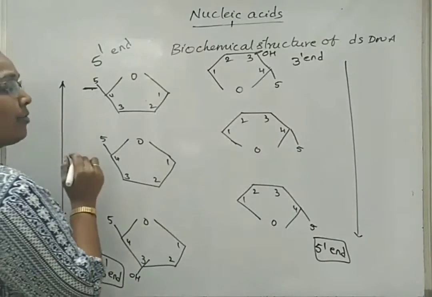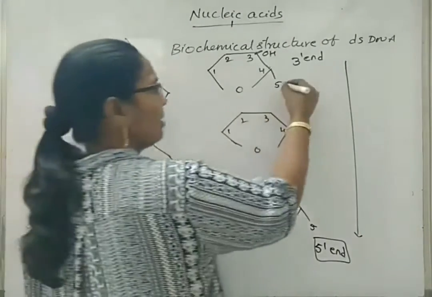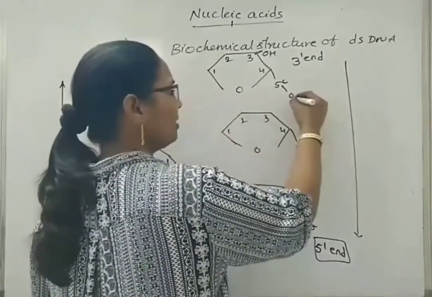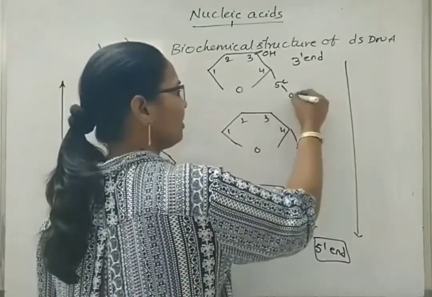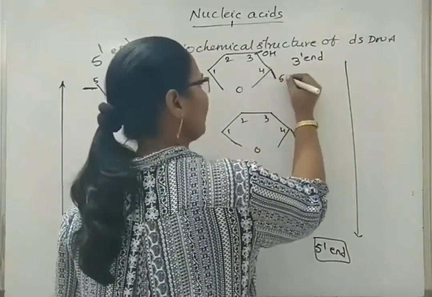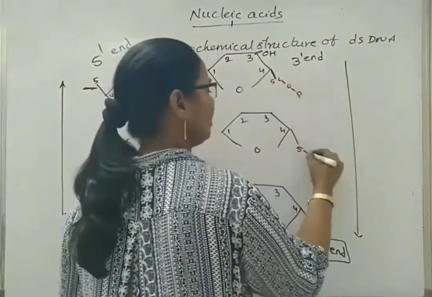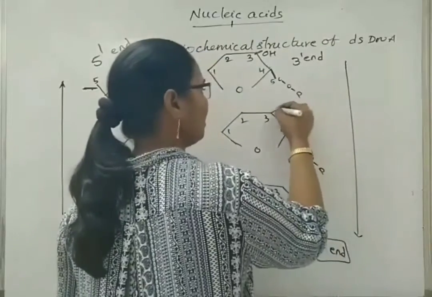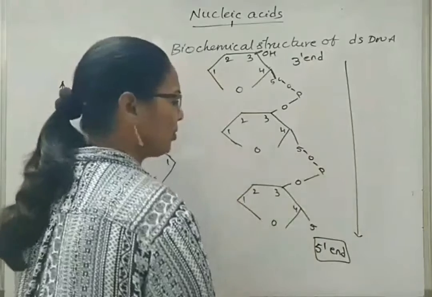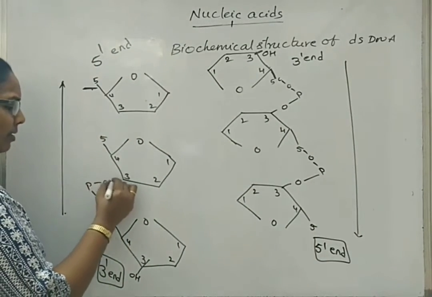If we combine the phosphate molecules, because nucleotides must have pentose sugar and phosphates, phosphates will be attached to the 5th carbon: 5th carbon, oxygen, phosphate. This is bonded with phosphate to the third carbon, which has the OH group. Here also we write 5th carbon, O, phosphate, oxygen.